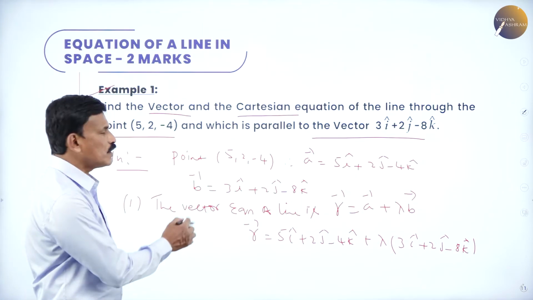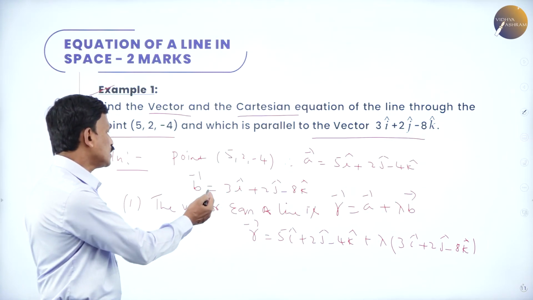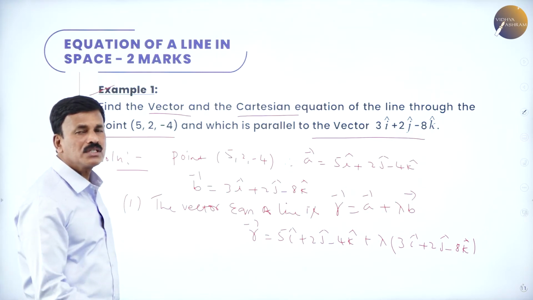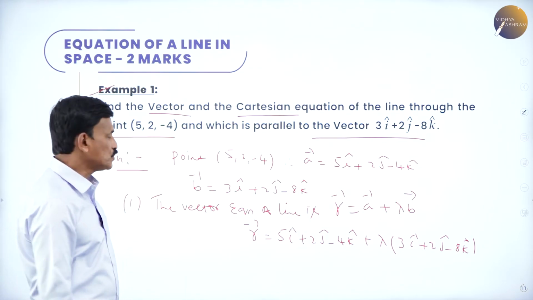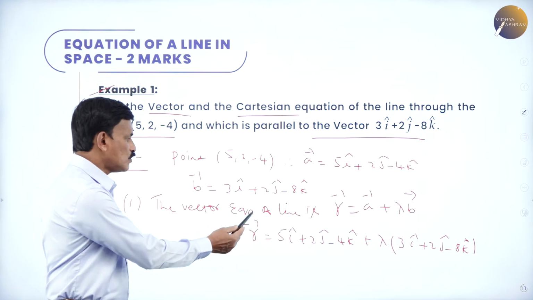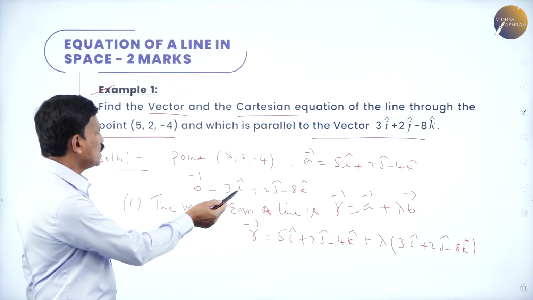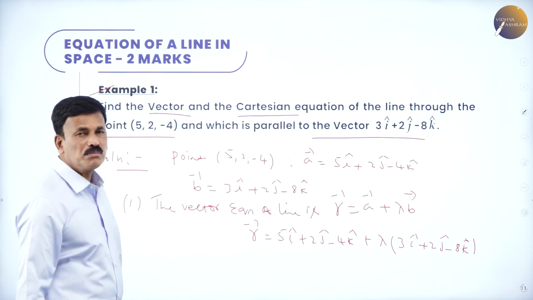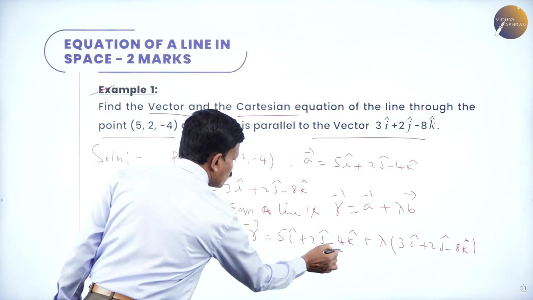So here, what is given? Vector a is equal to the point 5i plus 2j minus 4k and vector b, the parallel vector, is 3i plus 2j minus 8k. The vector equation of the line is vector r is equal to a plus lambda into b. r is equal to 5i plus 2j minus 4k plus lambda into 3i plus 2j minus 8k. Simplify this, you will get the answer. If you want, you can stop here itself.